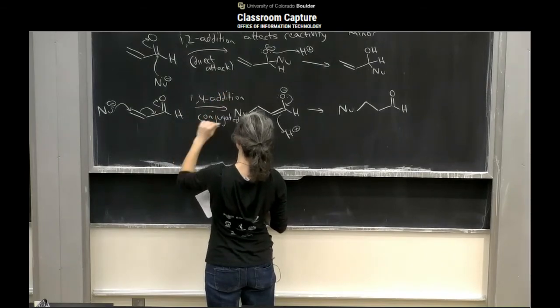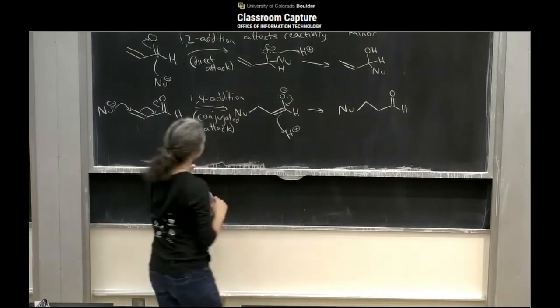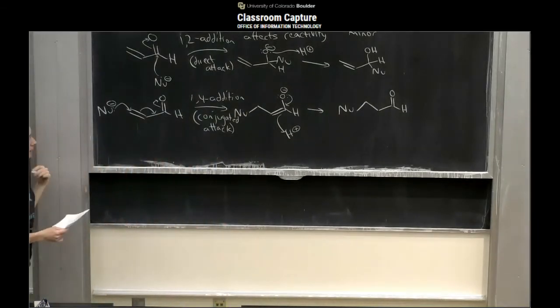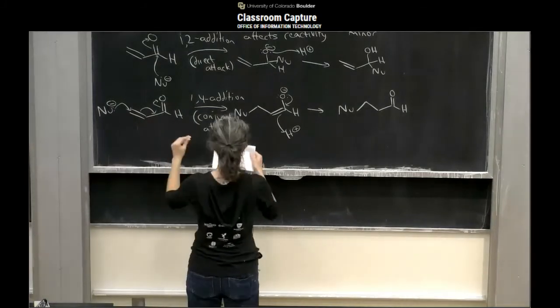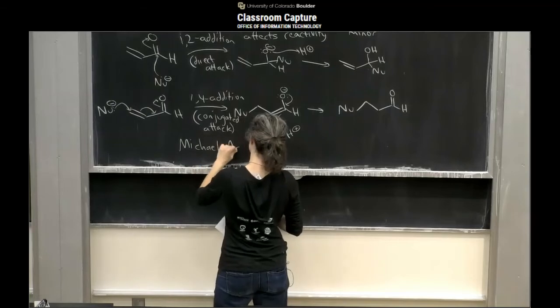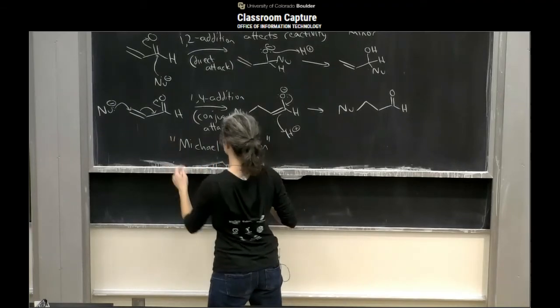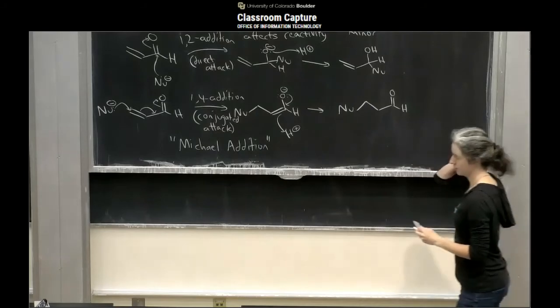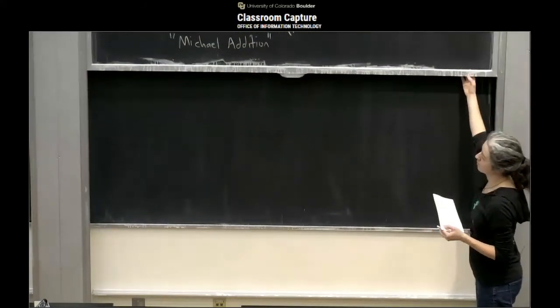So this is conjugated attack. But when it's happening to a conjugated carbonyl like this, it gets another name attached to it, and this is called Michael addition. Michael addition is just 1,4 conjugated attack on a carbonyl specifically.